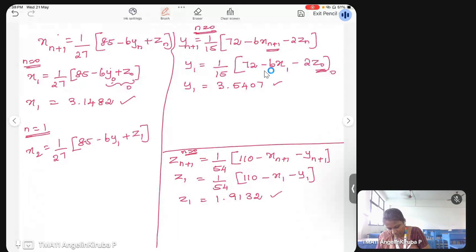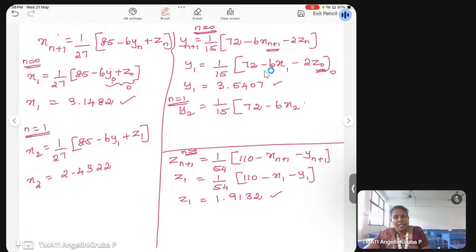So using the calculator, we can find the value of x2 to be equal to 2.4322. And y2 is equal to, now substituting n is equal to 1, 1 by 15 into 72 minus 6 times x2 minus 2 times z1.